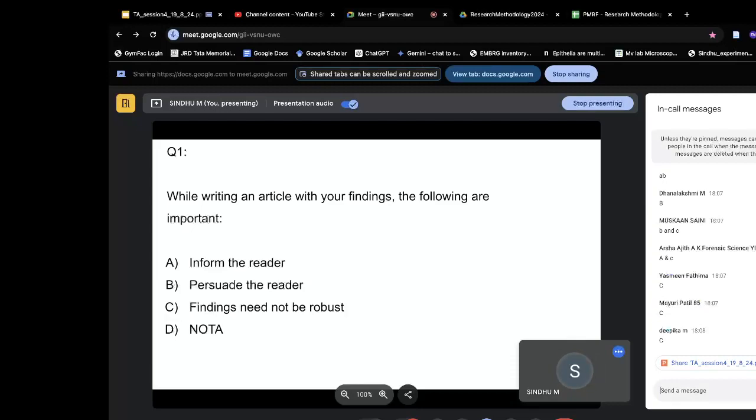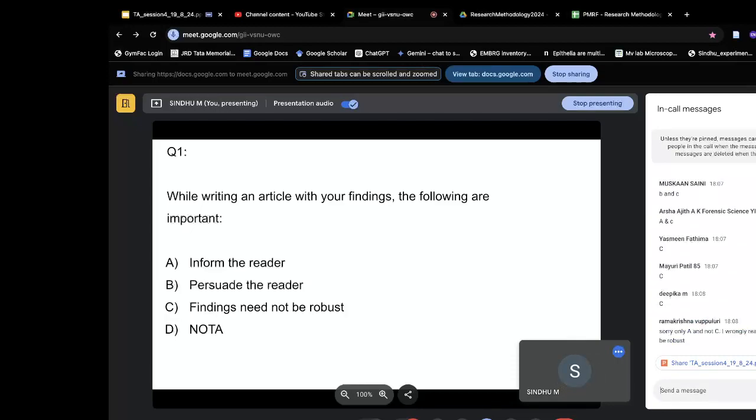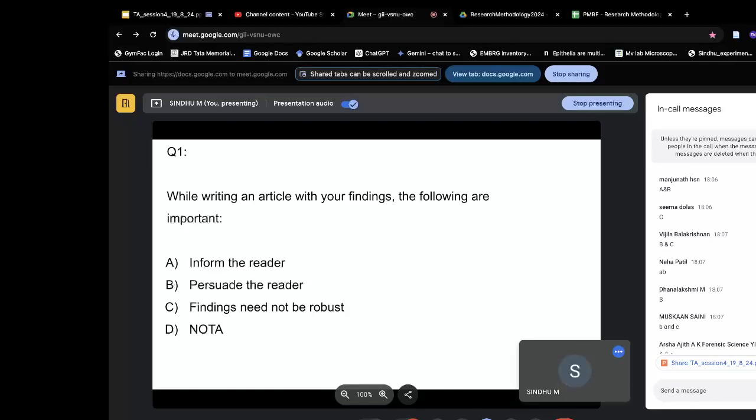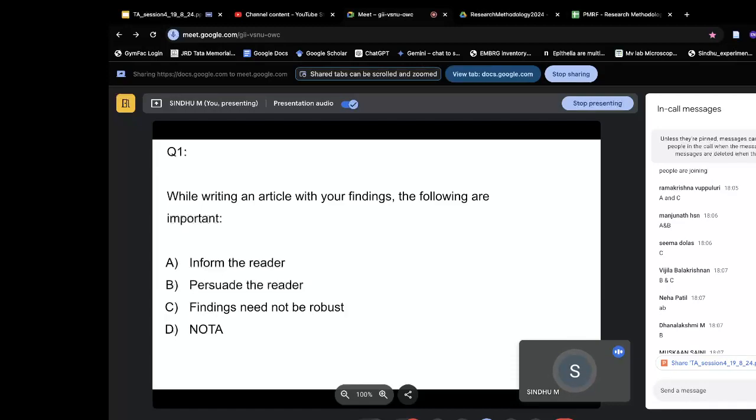Many of you have given option C. Some of you have given option A and B. So let's look at option C first. Option C is saying findings need not be robust. That's wrong.